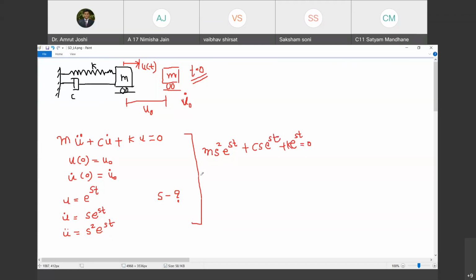I can take e raised to st common and I get e raised to st into bracket m s square plus c s plus k. This has to be equal to 0.